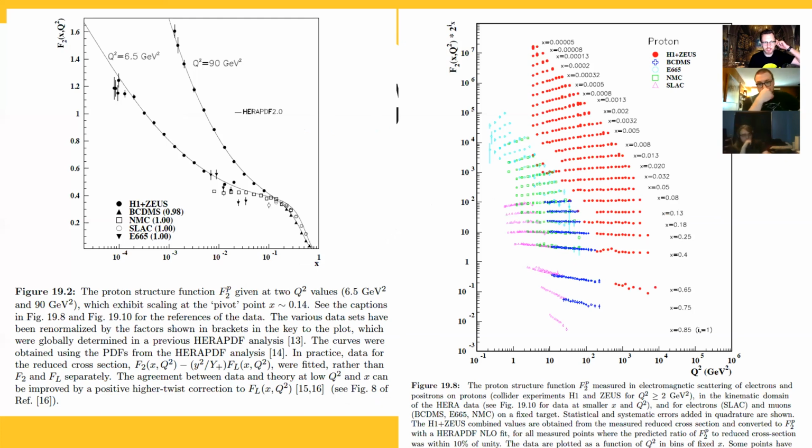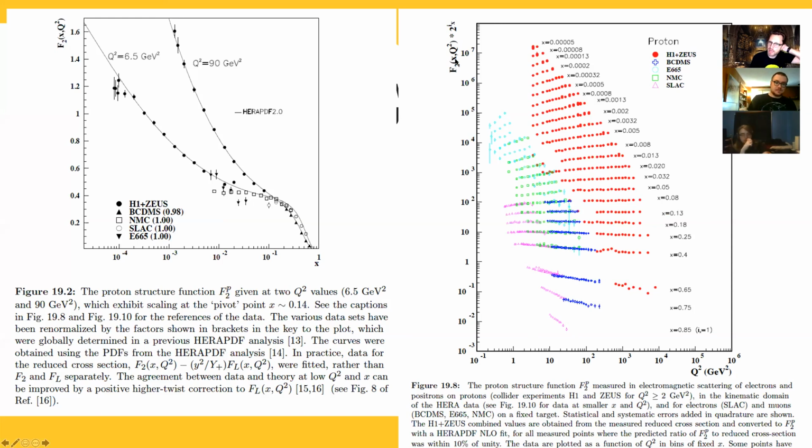What else can I measure? I can measure all these structure functions, right? So here are these F1, F2 structure functions that we talked about before. And if I have enough experimental data, I can start to chunk this into different pieces. So here's an example of experimental data of F2, this sort of structure function.